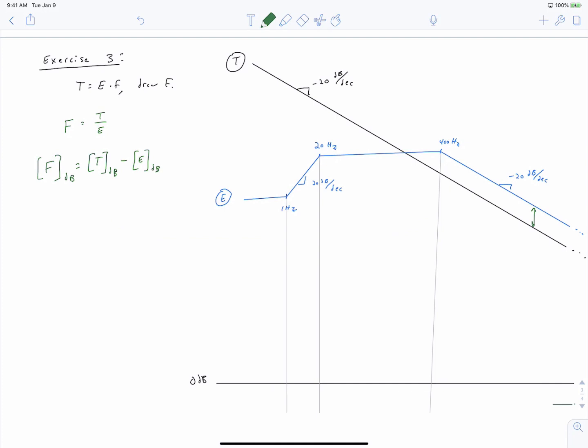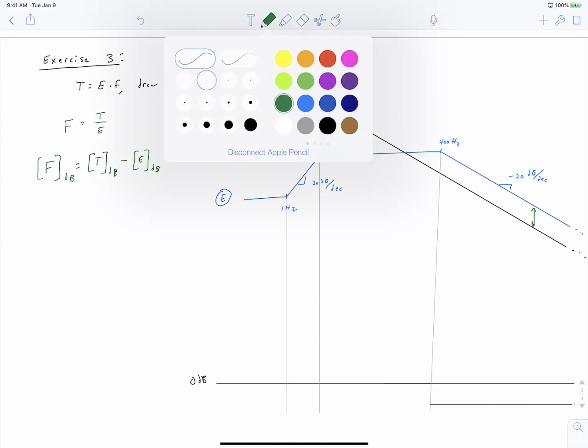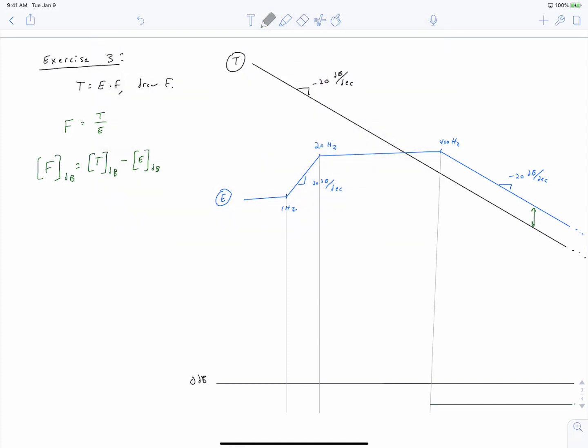So we start off in our constant region, and at 400 hertz, E becomes a constant value while T continues to increase. So we'll see F increasing, and we should draw one more frequency point here, which is where T and E intersect.